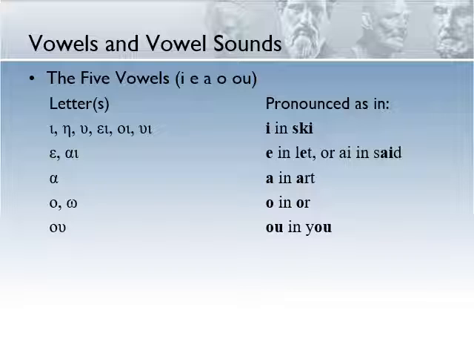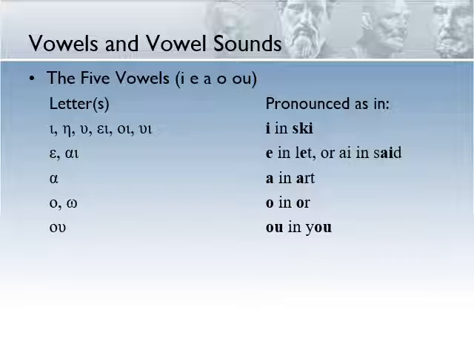Think of the O-U in the word you. So omicron upsilon looks like the English O-U. And you can always think of this word you and how the OU makes the oo sound. This will always be the pronunciation of omicron upsilon. So these are the basic 5 vowel sounds.